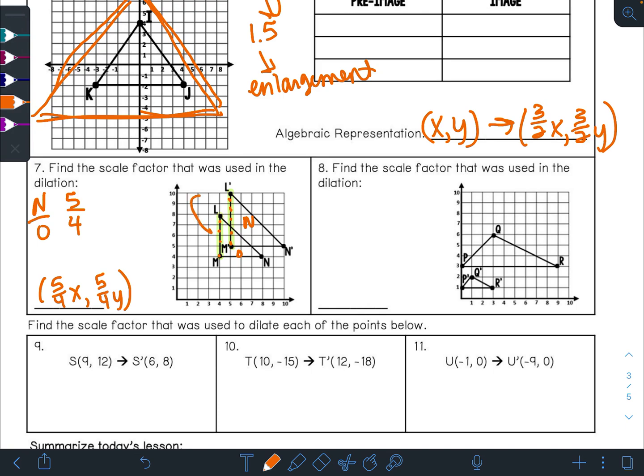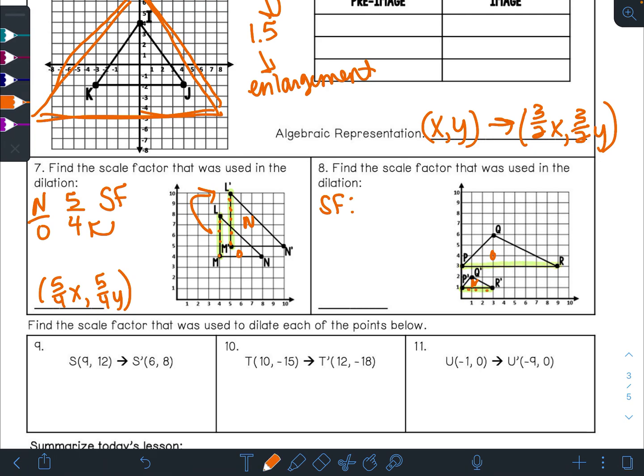On here, it made sense because I went from a smaller shape to a bigger shape, so it makes sense that my scale factor was 5/4. On this one, I know this is my new one and this is my original one. My scale factor should be less than 1 just by looking at it. So I'm going to count the side of my new, and this is the corresponding original.